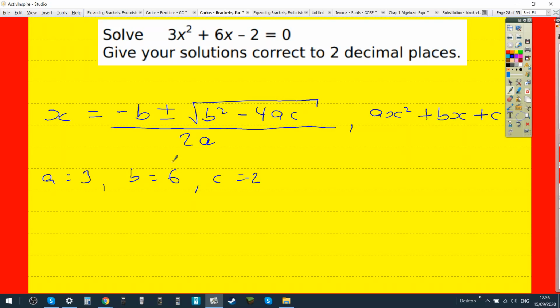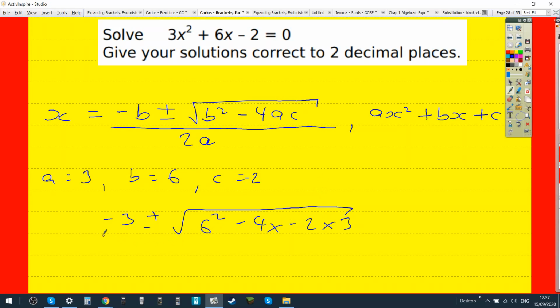And so sub them into that crazy formula. So would it be minus 3 plus minus 6 squared minus 4 times a times c? 4 times minus 2 times c? Minus 2 times 3. So a and c.